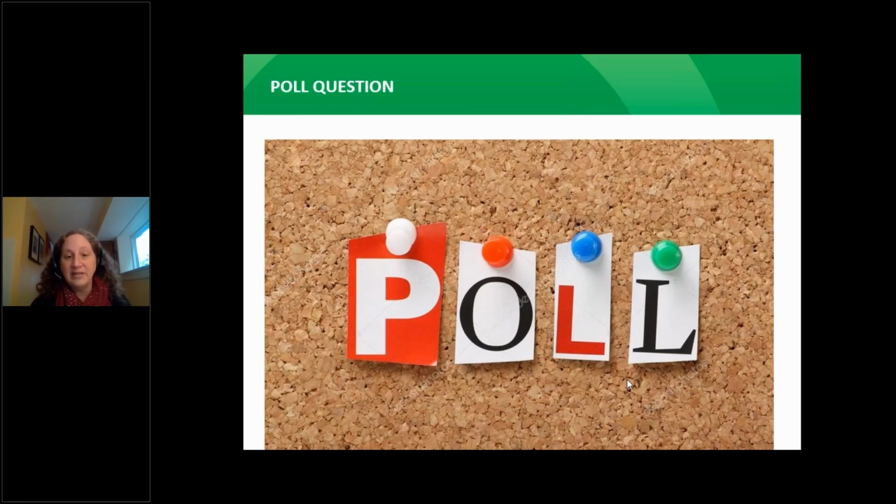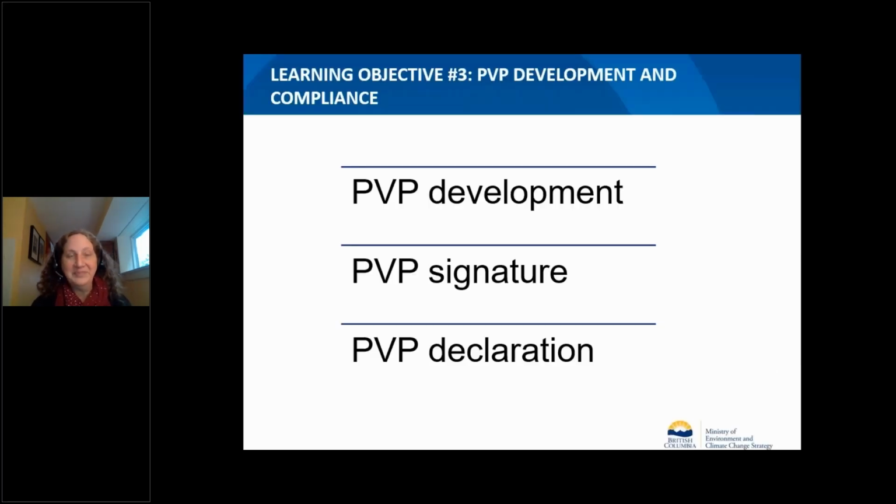And finally, the PVP should include education for new landowners or property managers on how to comply with the requirements in the PVP. Next slide, please. The next part of the presentation will focus on performance verification plan development and compliance. Next slide, please.